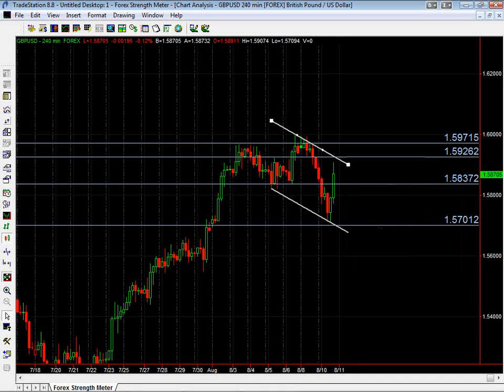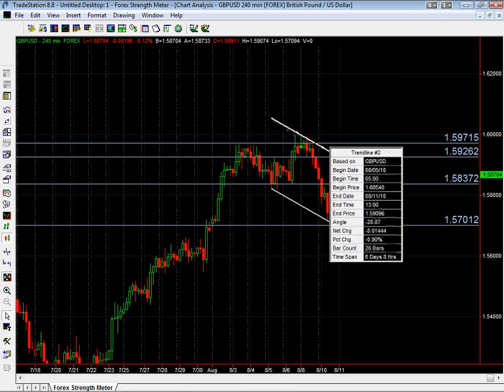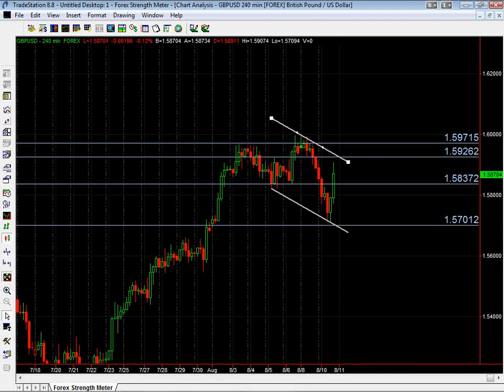So I drew a parallel line from this low to this low, and I'm assuming if this is a channel, price will stay within that channel, and the next 4-hour resistance level of that particular channel is going to be at the 1.5925-ish area.